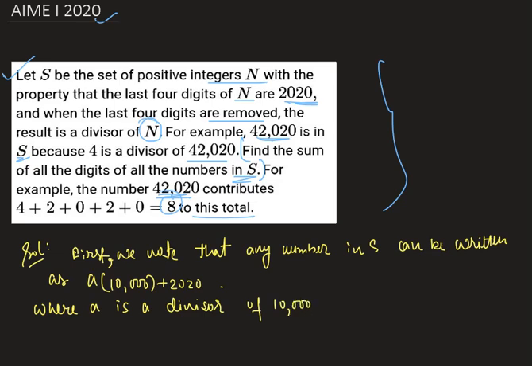Okay, and A is a divisor of A multiplied by 10,000 plus 2020 also.